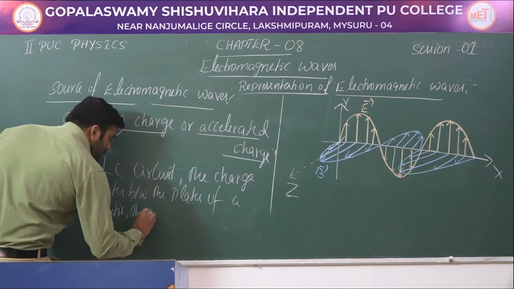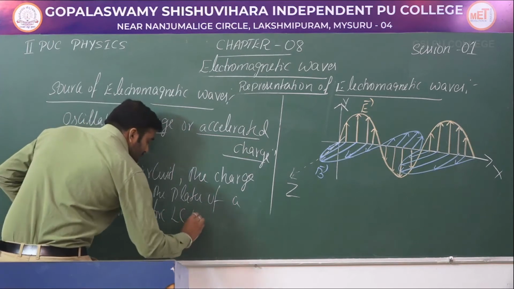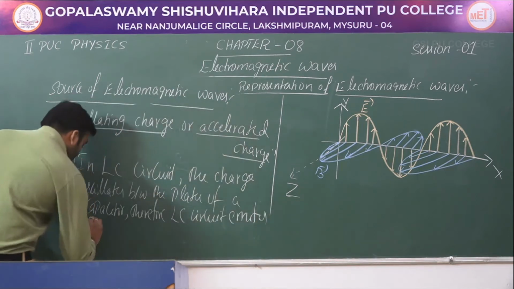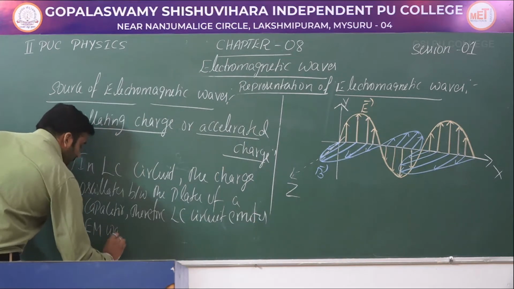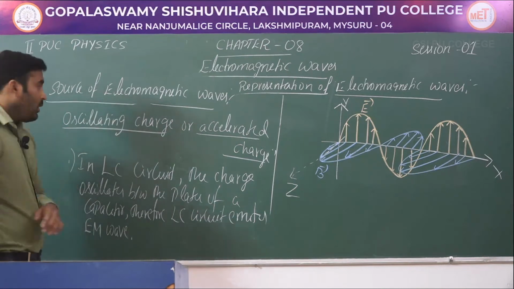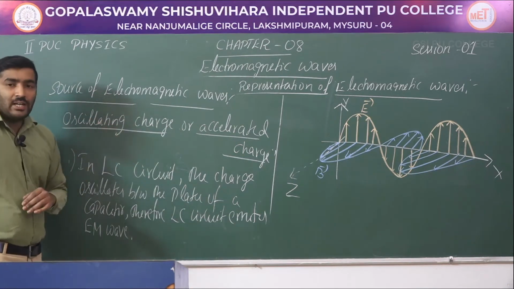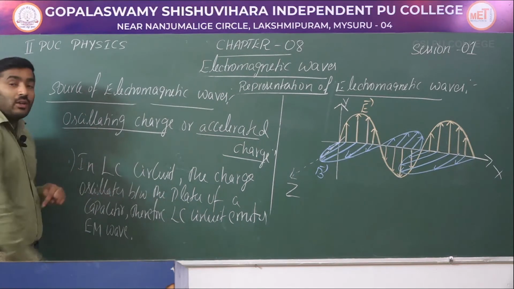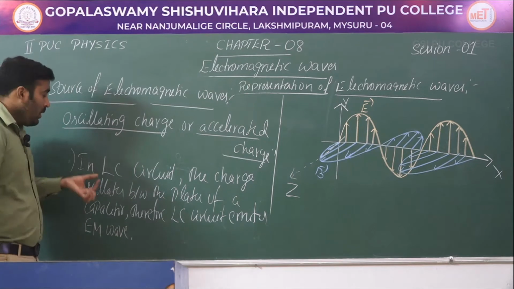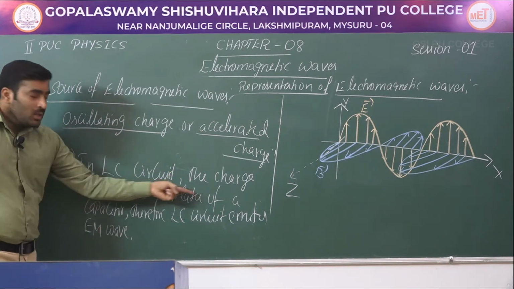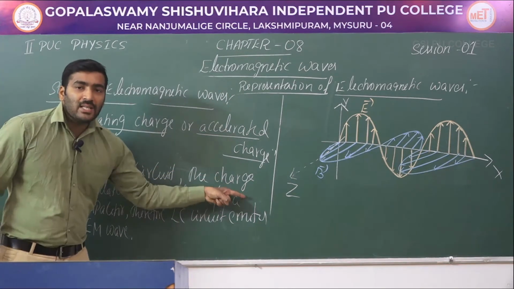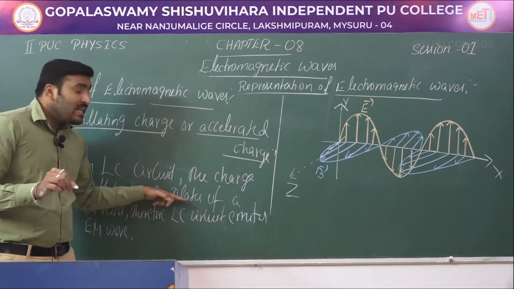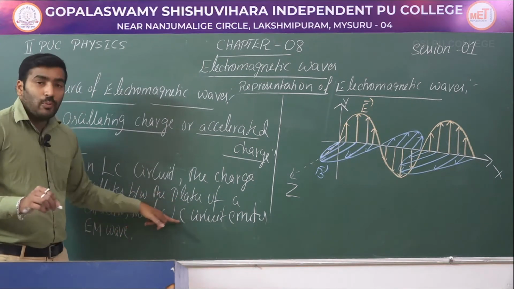Therefore, the LC circuit emits electromagnetic wave. That is why it is an oscillating charge, correct? So this oscillating charge is producing an electromagnetic wave.